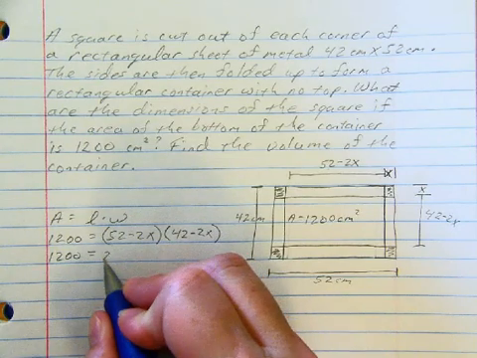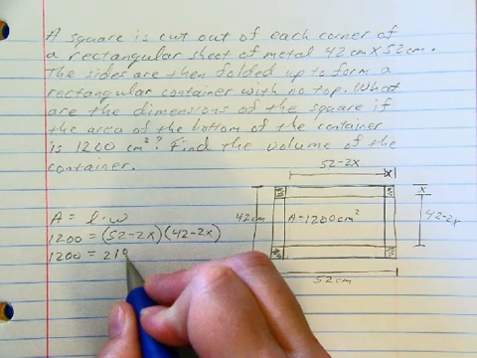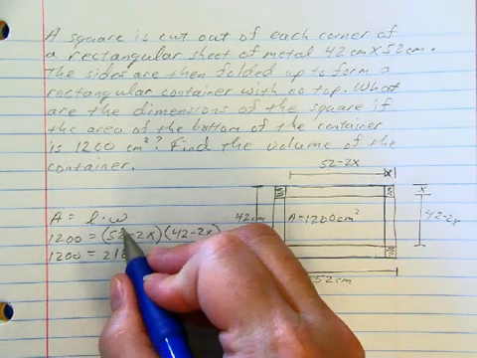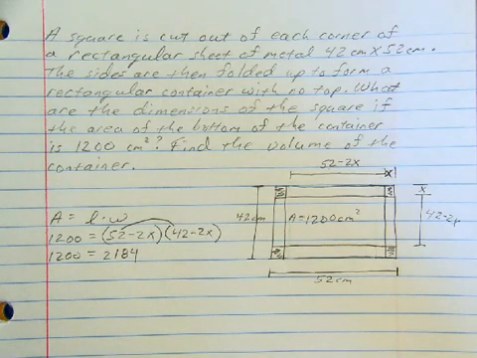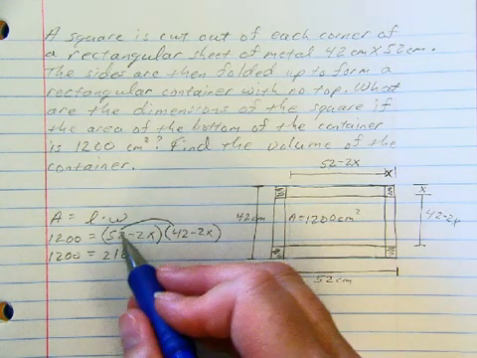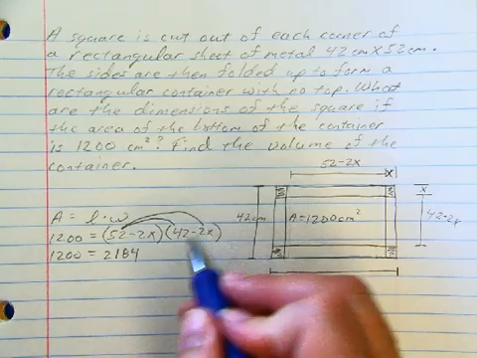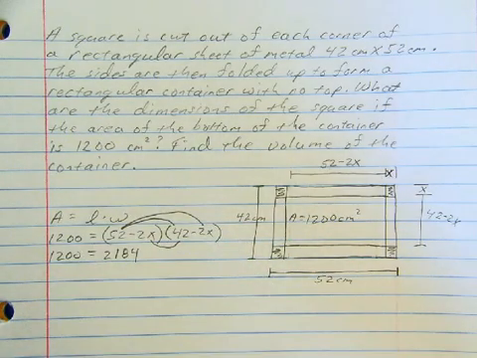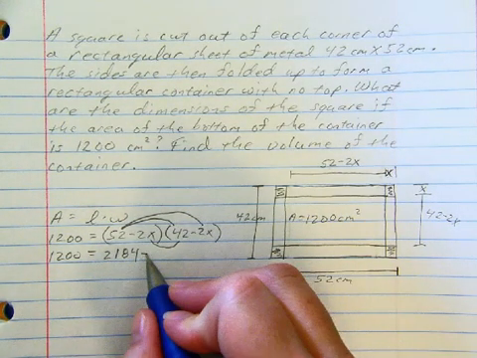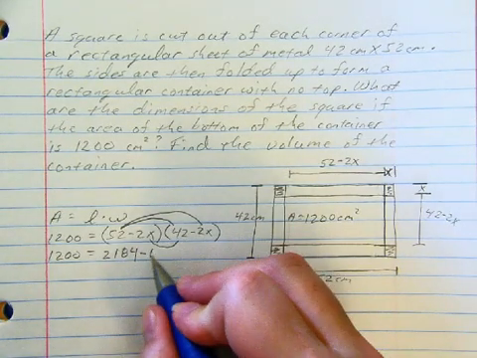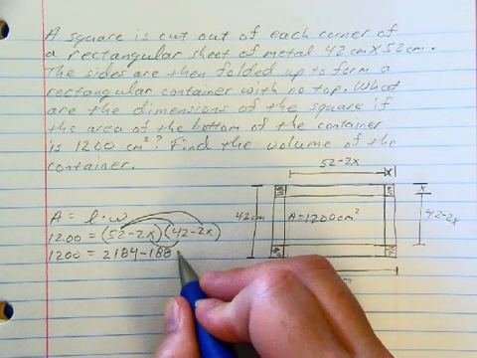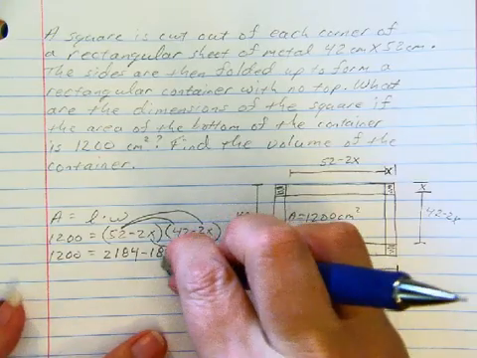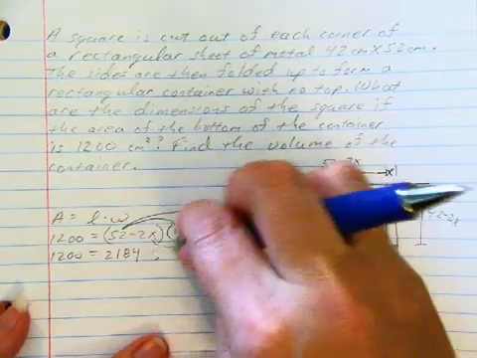I get 2184. So first times first. Then we're going to go outer times outer, inner times inner, and we're going to add those together. So I get minus 188x. Oh, I apologize. Got ahead of myself.